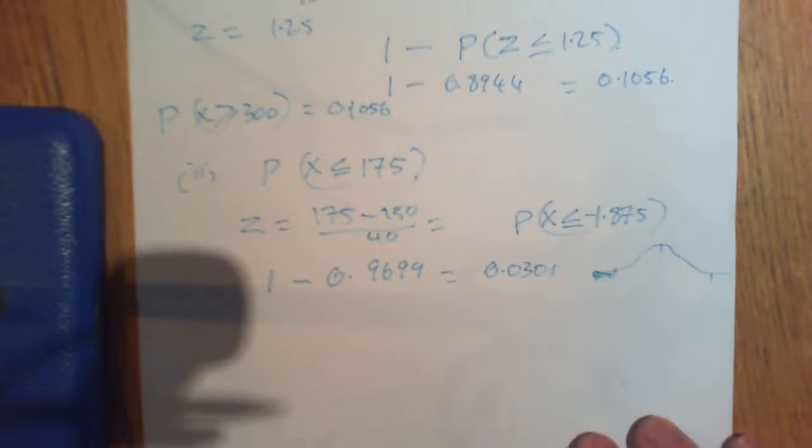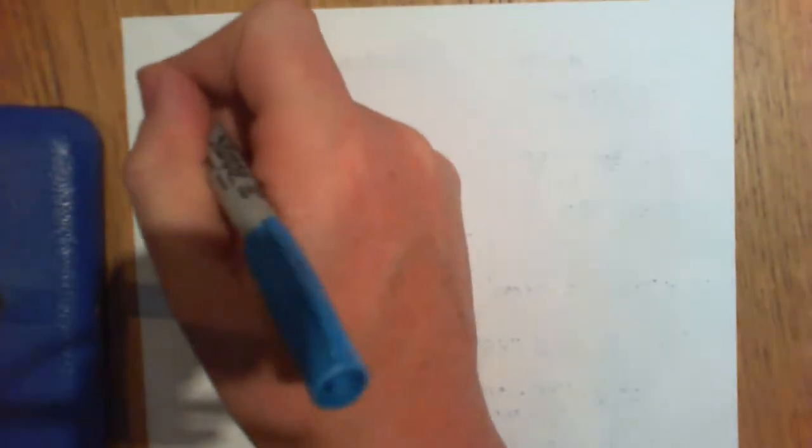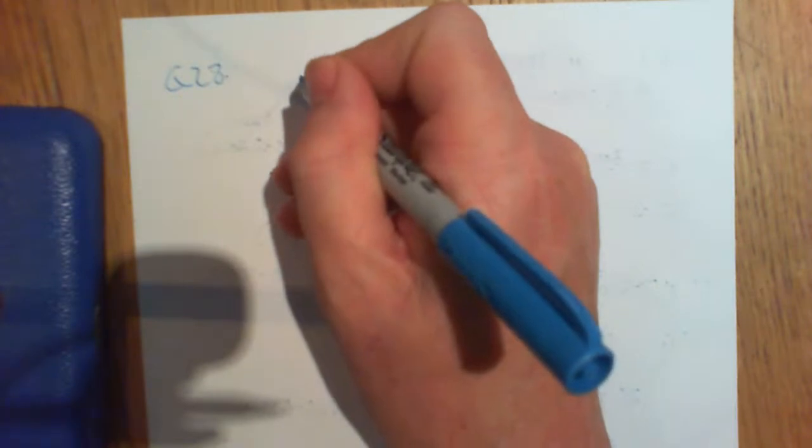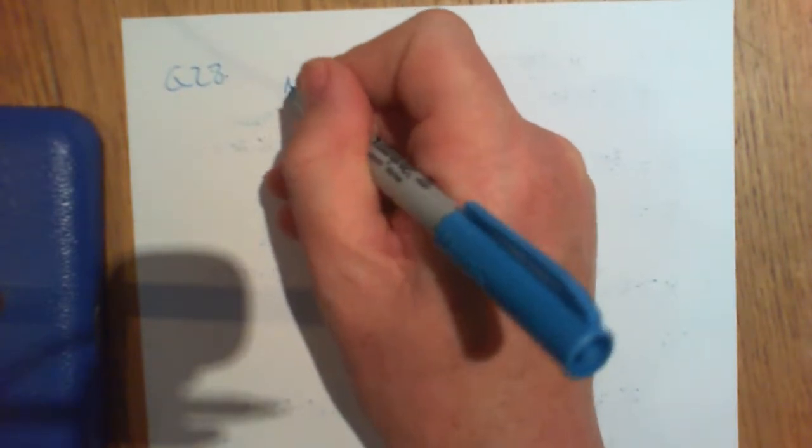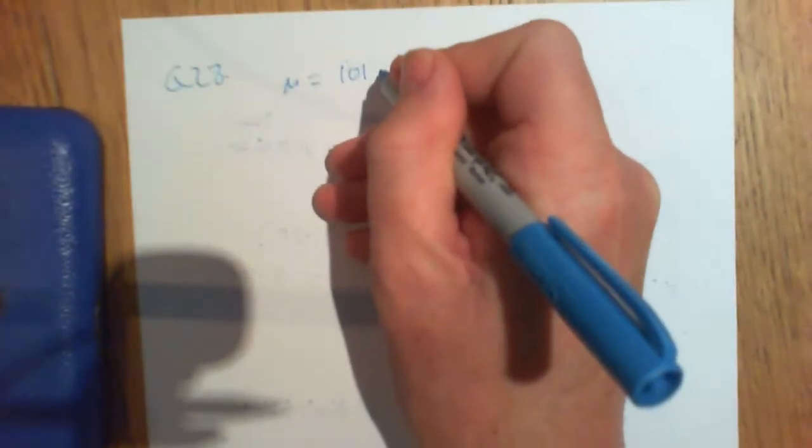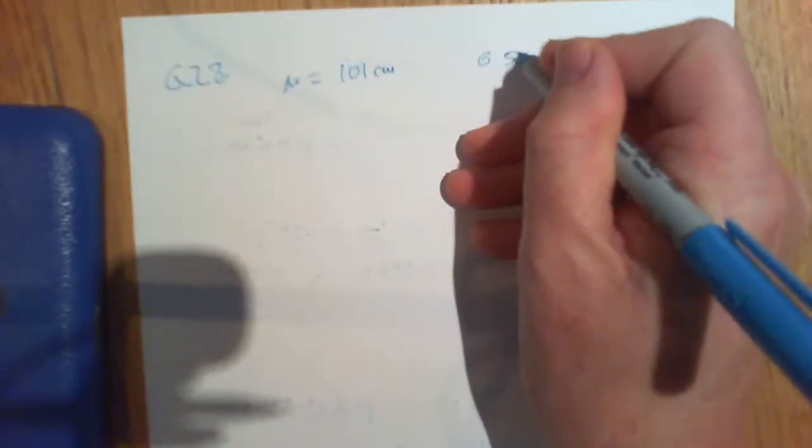Right, I'm going to do question 28. So we've got chest measurements. We've got an average of 101 centimeters, a sigma of 5 centimeters, and then someone has a chest measurement of 103.